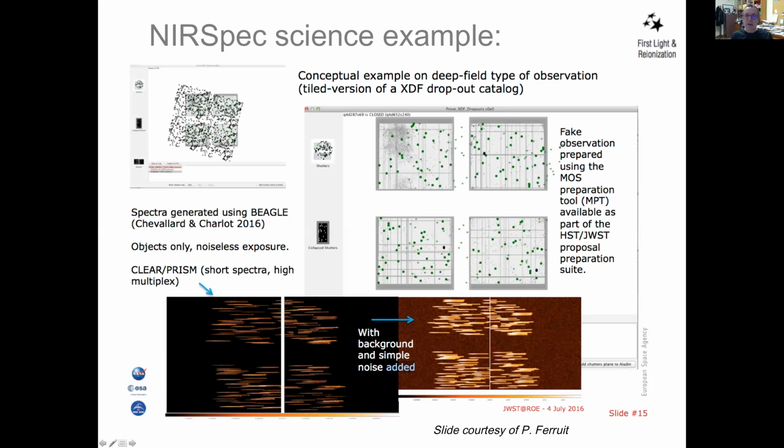And typically, one can get as much as 100 objects in one setup. And you will see later when we have a webinar dedicated to multi-object spectroscopy, this is transparent to you. All you have to do is provide a list of objects and the software will design the actual observations that will take place for the various positions.